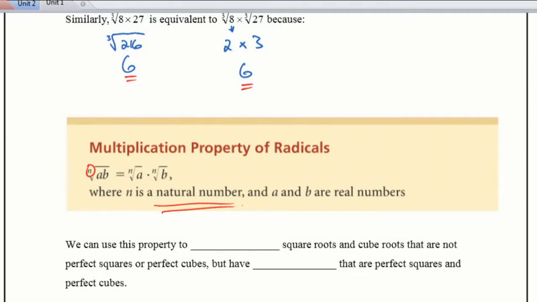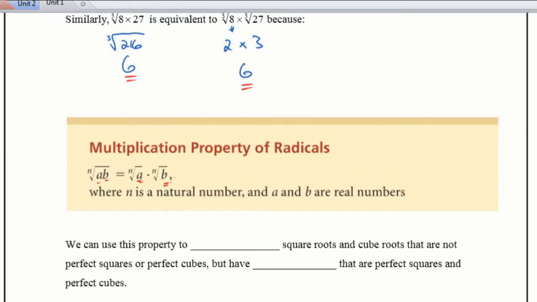Anything excluding 0, so 1, 2, 3, 4, 5, 6, 7, 8. So we could have the cube root, or the 4th root, or the 27th root. It doesn't matter. As long as it's a natural number, we can do it. And A and B are just two other numbers, and A and B are just being multiplied by each other.